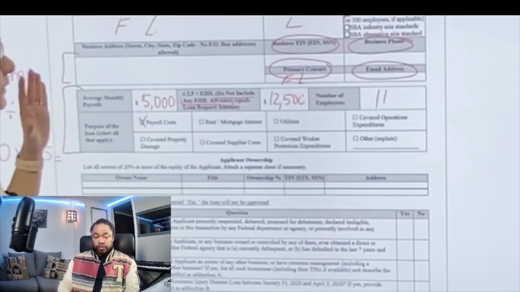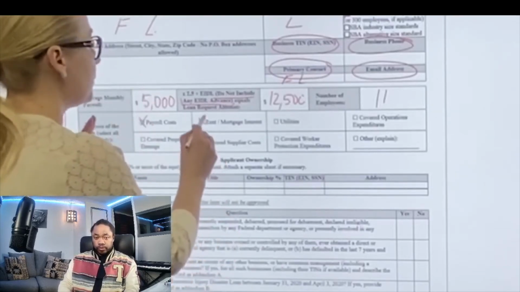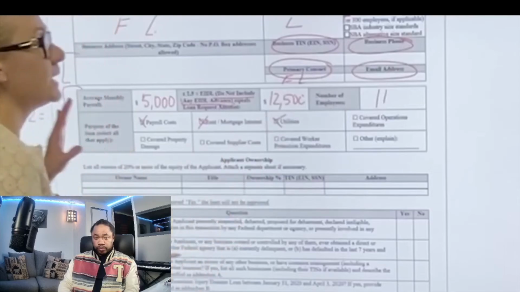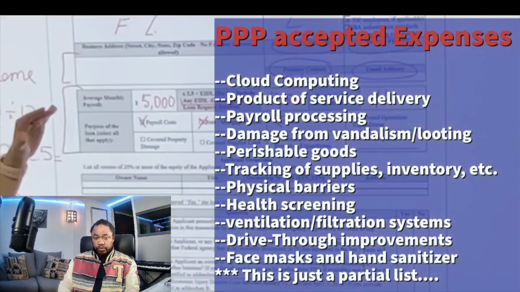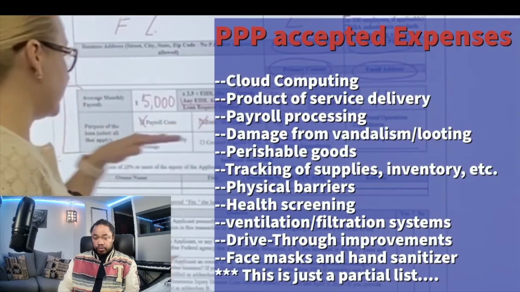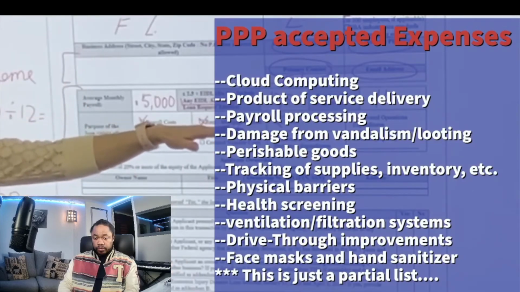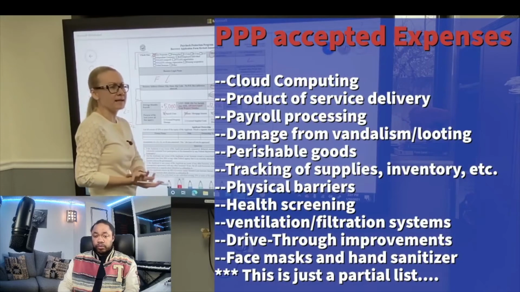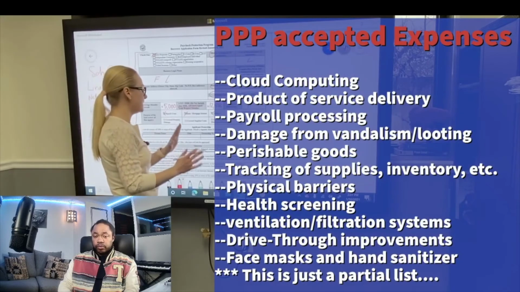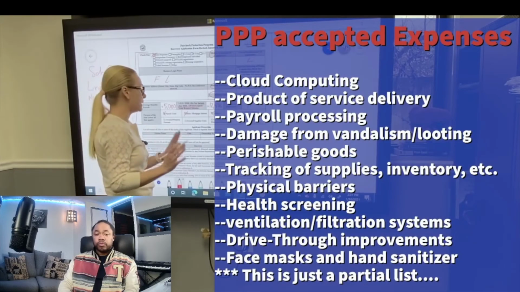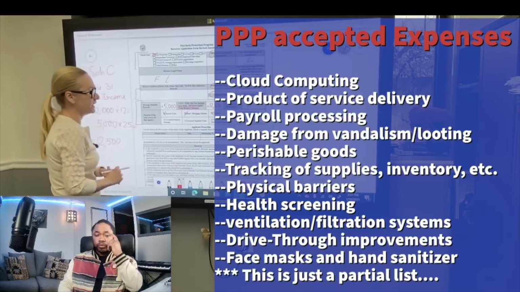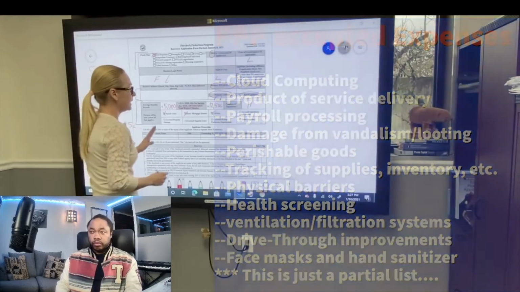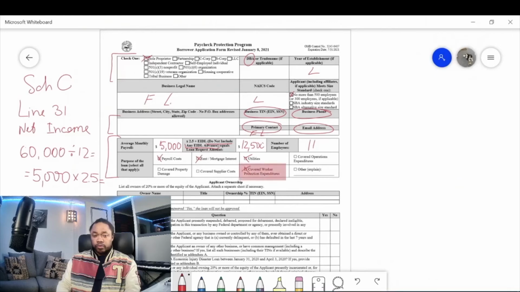Also, if you have rent, utilities, make sure you check all of them. There are also a number of additional eligible expenses that were added to the original list. If you, for example, spend money on plastic sheets, hand sanitizers, masks, any Lysol spray, anything that has to do with sanitizing and keeping your employees safe, you can check this box.